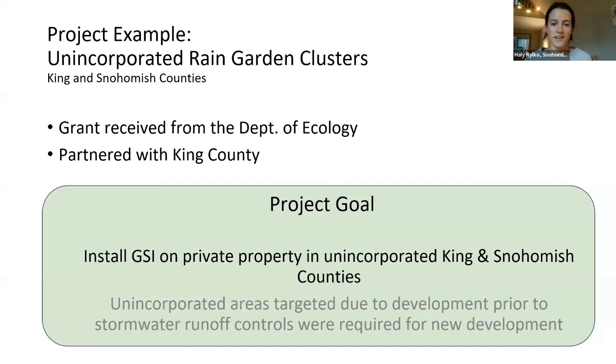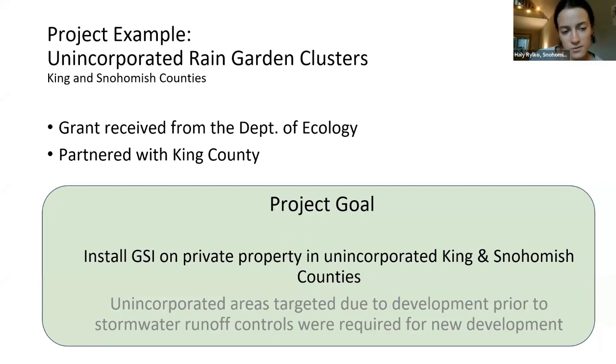So knowing that rain gardens hold this role in our landscape of addressing this problem, I wanted to provide an example of a project that we recently completed at Snohomish Conservation District, doing rain gardens in unincorporated King and Snohomish counties.